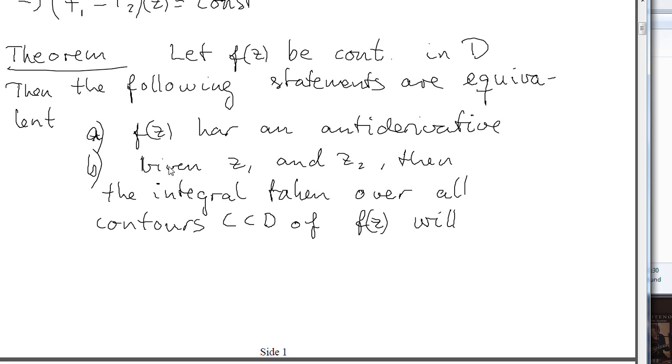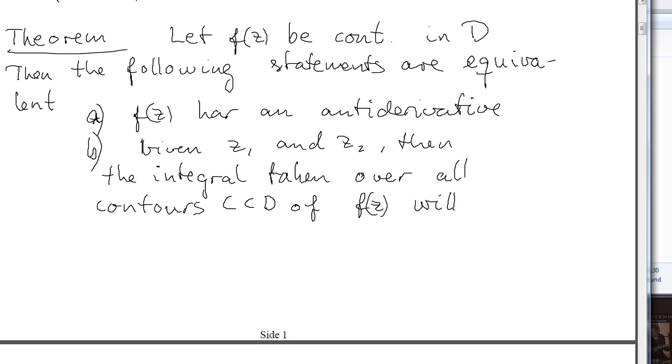The other statement is, given any points z1 and z2, then the integral taken over all possible contours, let's call them C, which lie in D, of the function f of z will be equal.